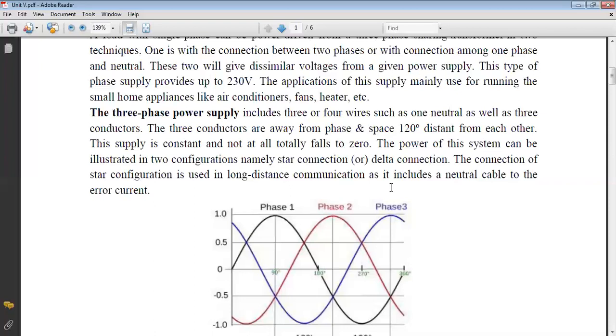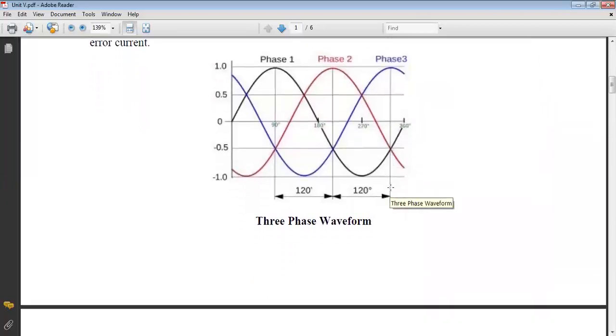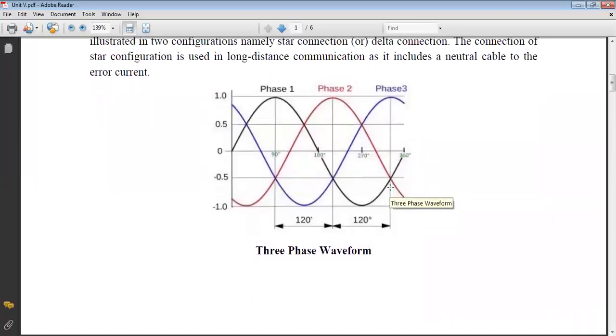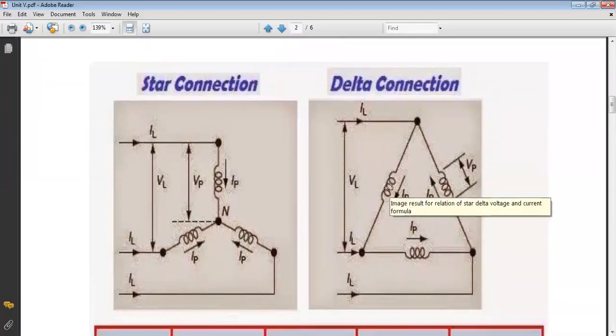Three-phase connections have mainly two types of connection, that is star connection and delta connection. Okay, this star configuration is used in long distance transmission, and it includes a neutral cable to carry the error current. Okay, this is a waveform of three phase. I hope you understand.